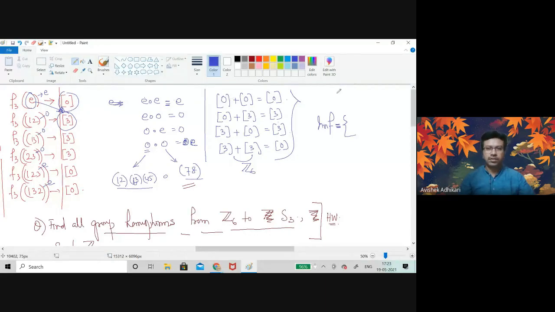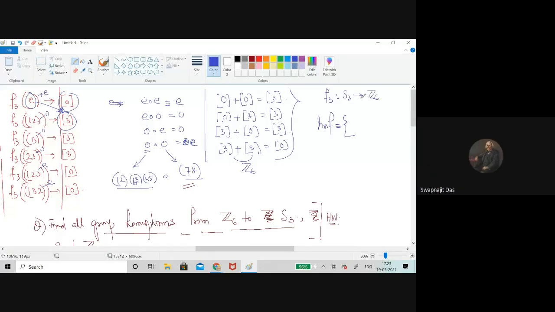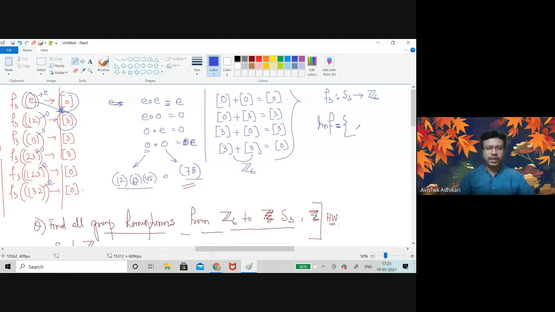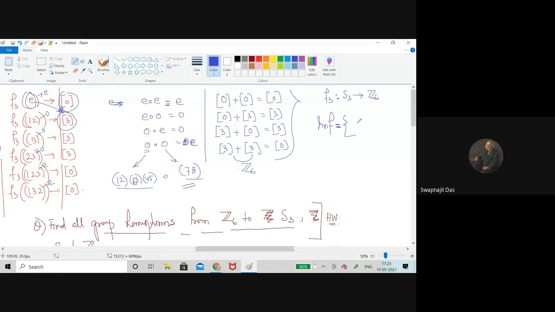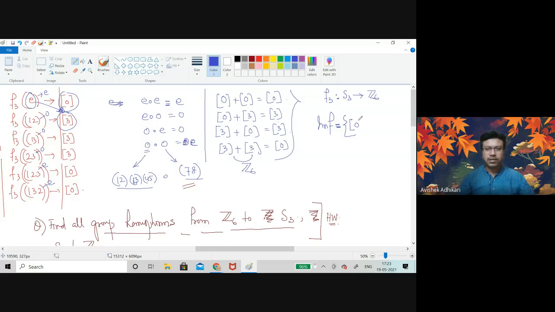So this was a mapping f3 from S3 to Z6. Now what is my image of f? 0, 3. Very good. And you can understand that the image of f is a subgroup of my Z6. So this is a subgroup, no doubt about this.